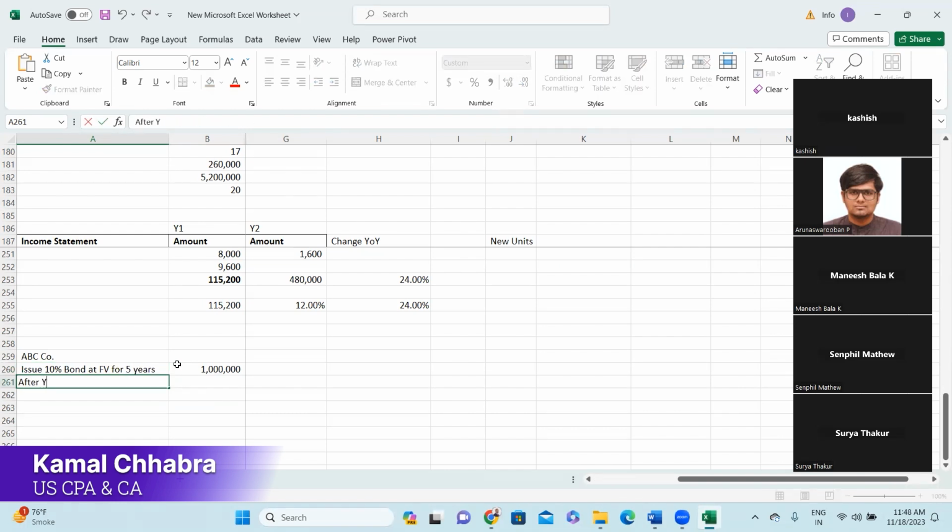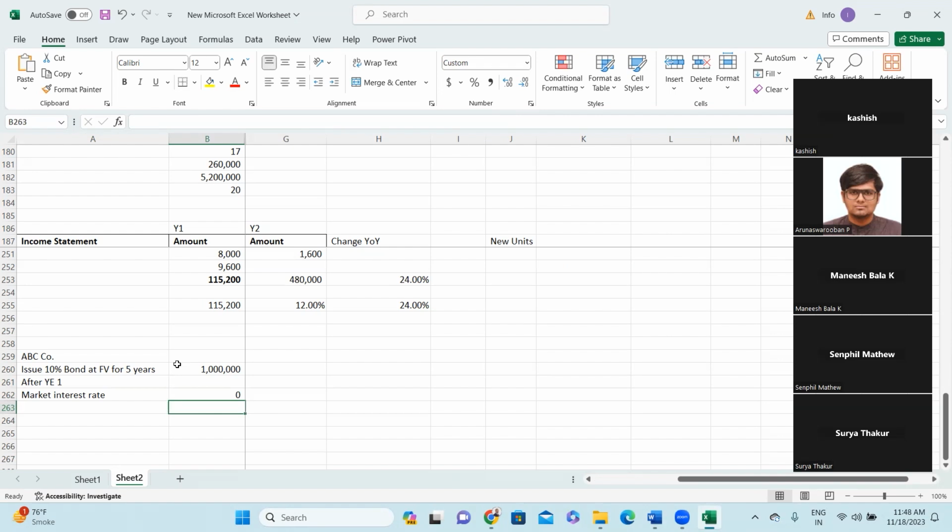After year end 1, the market interest rate has gone down to 8%, right?